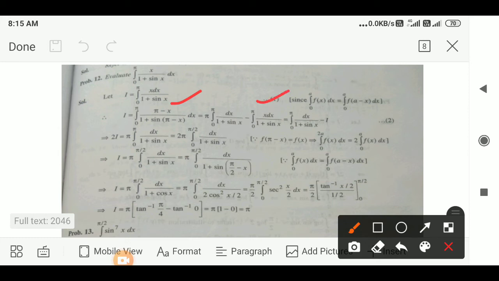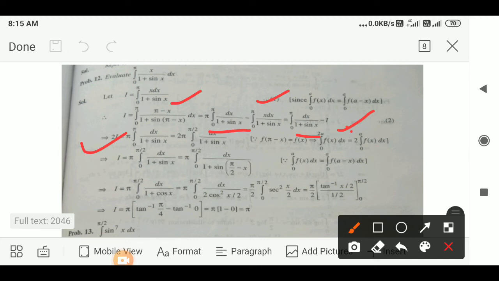So this is the value minus again I. So we add both, or we can take this I here. So we get 2I is equal to pi times integral 0 to pi of dx upon 1 plus sin x.